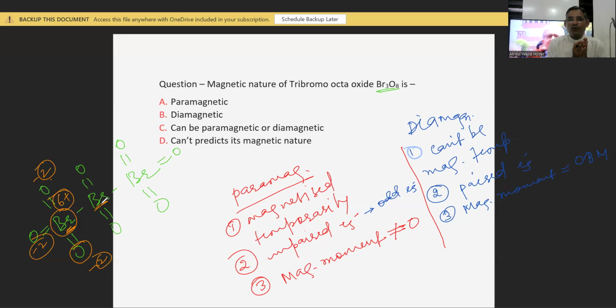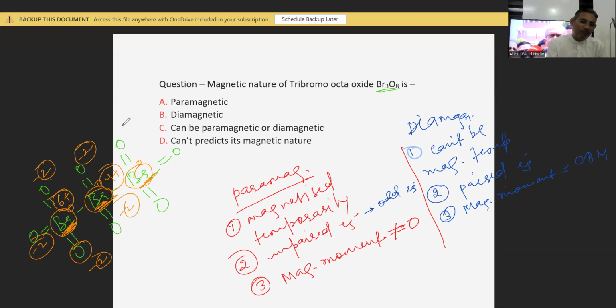Other than that, Br-Br, N-N, P-P, S-S bonding will always have 0 charge. So because of this, this Br will have 0 charge. This is -2, this is -2, and because of the Br-Br bonding, this Br will have 4 plus charge.